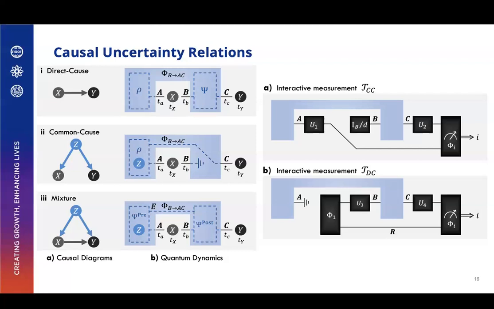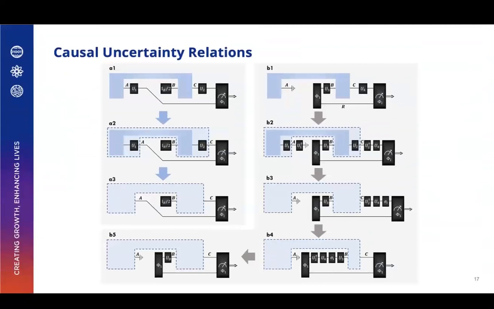Similarly, here we have the freedom to choose different U3 and U4. For these two different families of interactive measurement, we can build a fundamental trade-off. In order to complete this task, we can try to do some trick here.